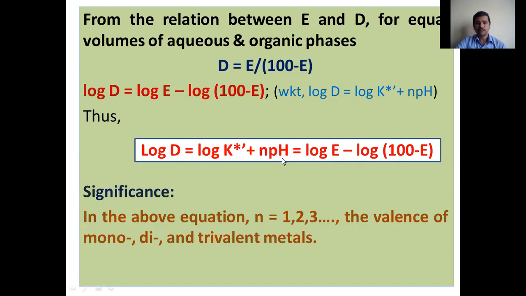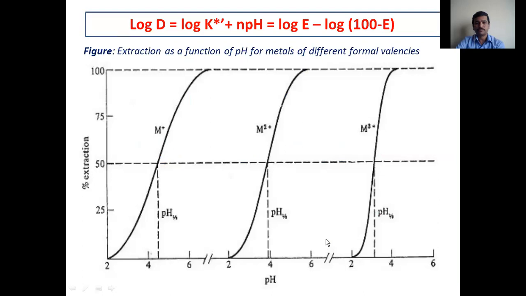At lower pH, trivalent metals will be extracted with better efficiency. So as the N value increases, the efficiency also increases. Trivalent metals will be extracted at lower pH than divalent, and than monovalent. So N is equal to 1, 2, 3, the valency of mono, di, and trivalent metals.